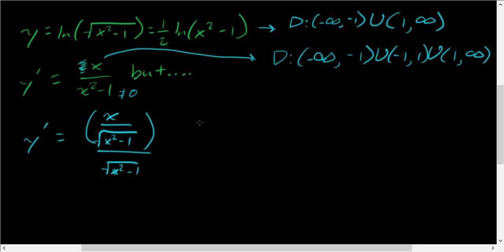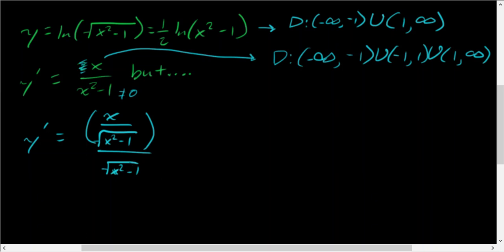So now, before we put it in this simplified form here, where is this thing defined? Ask yourself that. This thing is also not defined where the denominator is 0, but now we've also got a square root in the denominator. Where's the square root not defined? Think about it for a second.